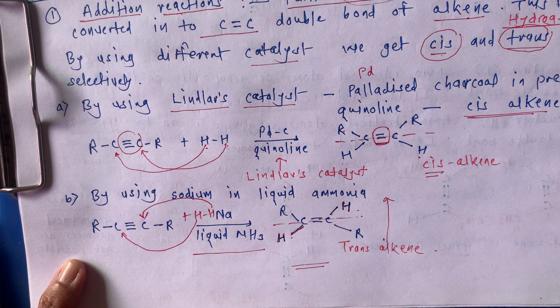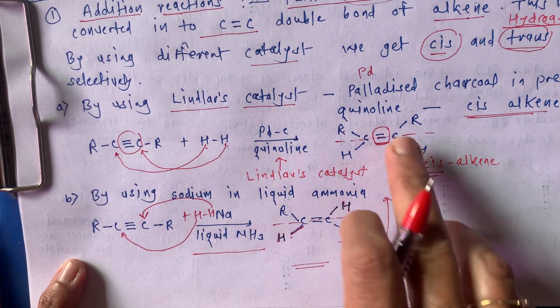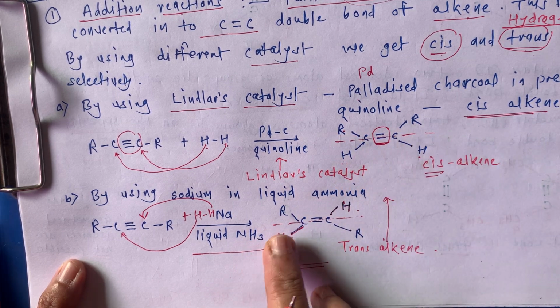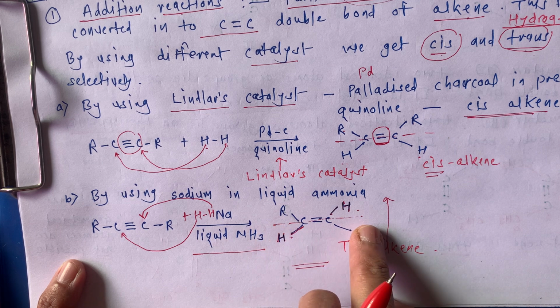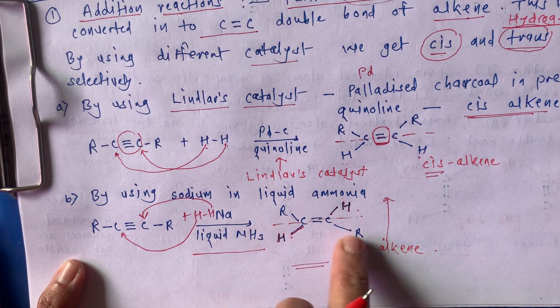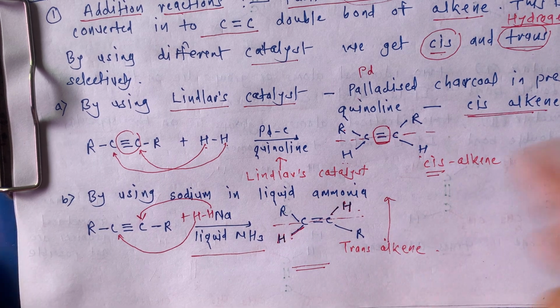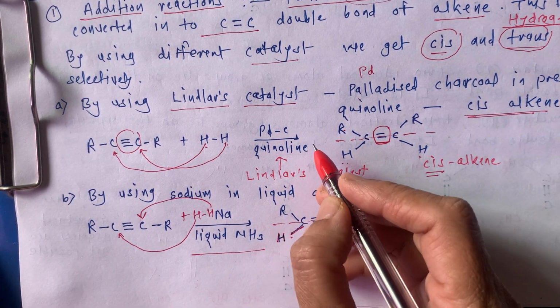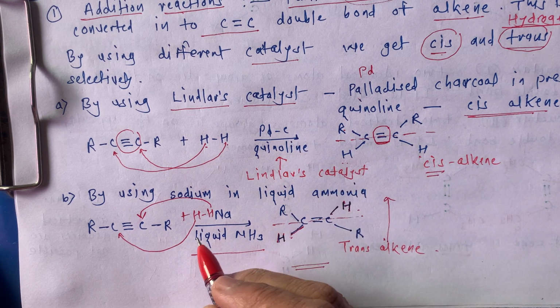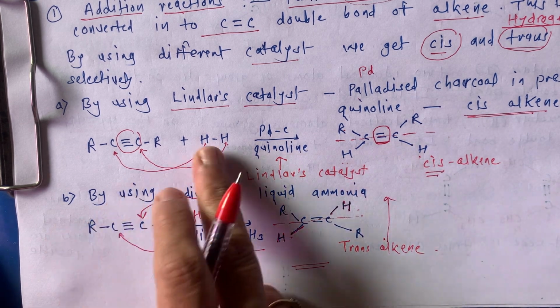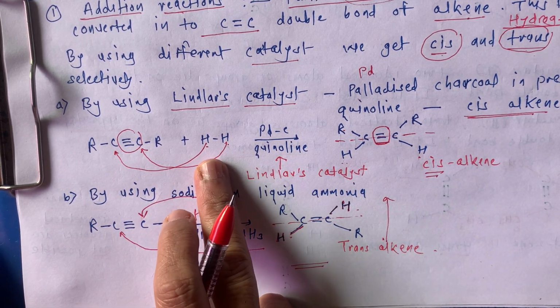See, this is the symmetrical line, I am showing this line just to understand, and now see, these are on the opposite side, these are on the opposite side. So you have to remember the catalyst, particularly the catalyst, to get the products. This is an addition reaction, and this is a partial reduction.